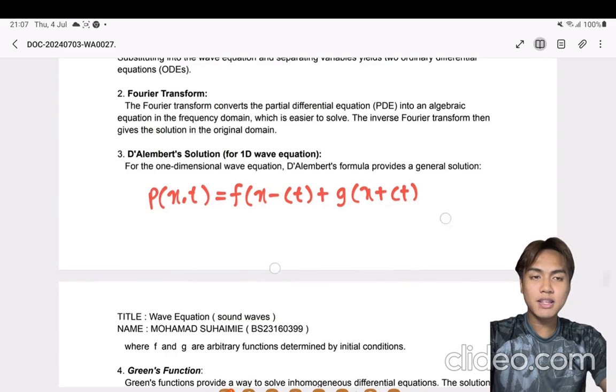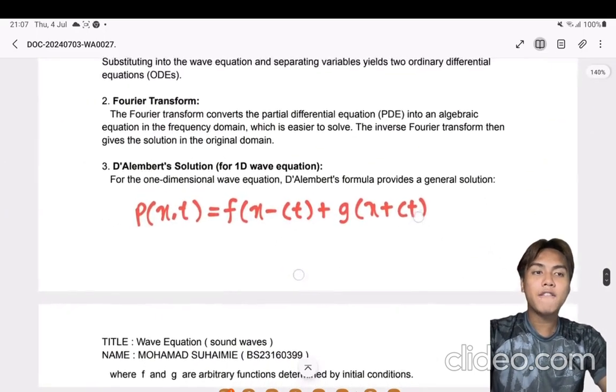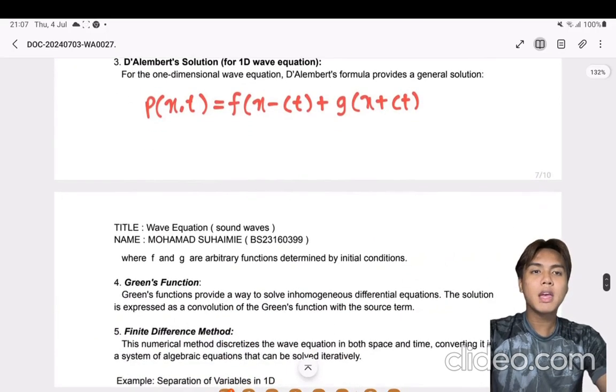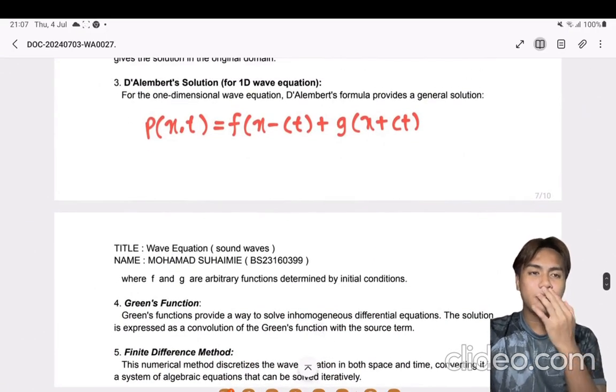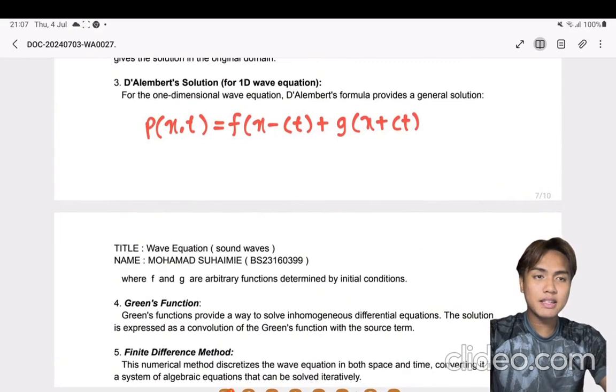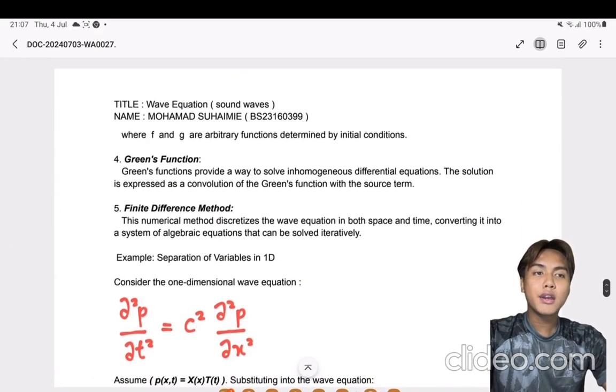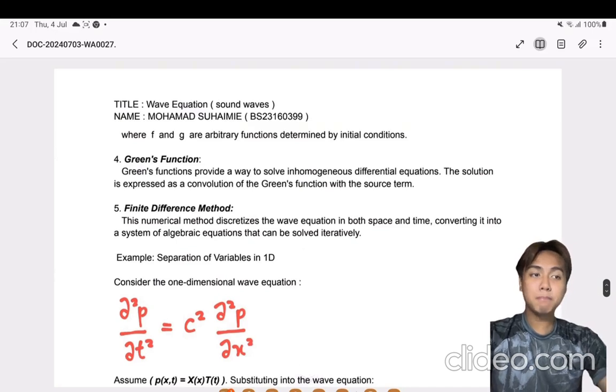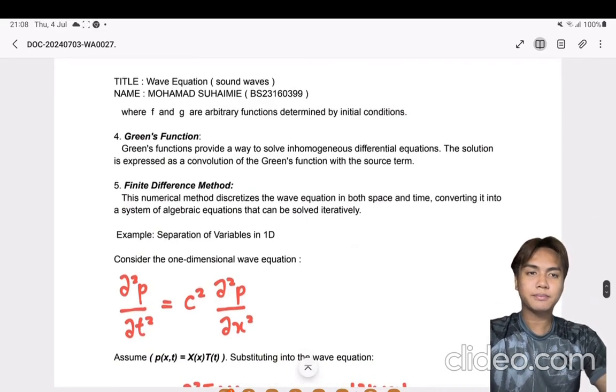The solution is expressed as the convolution of the Green's function with the source term. Finally, the finite difference method. This numerical method discretizes the wave equation in both space and time, converting it into a system of algebraic equations that can be solved iteratively.